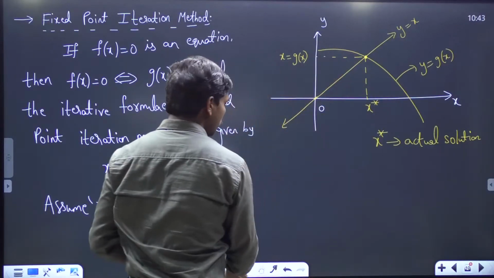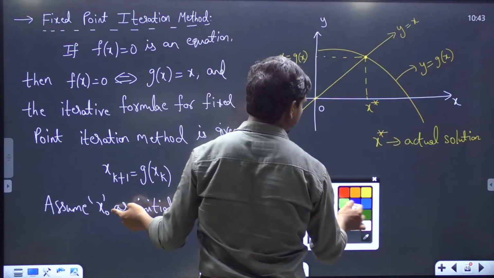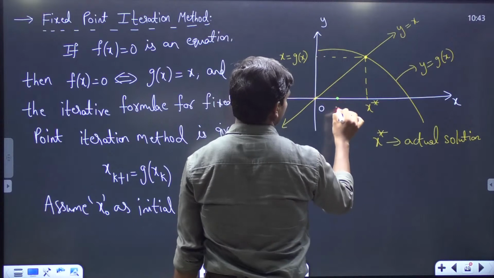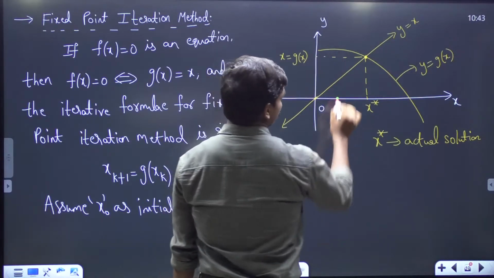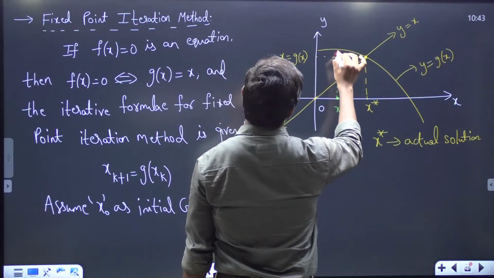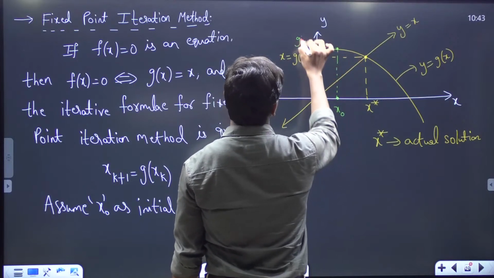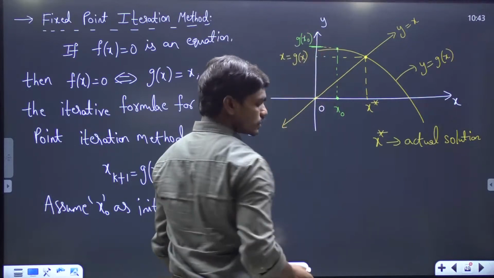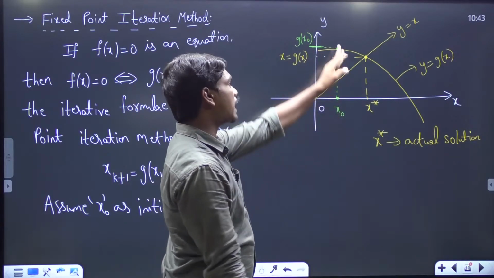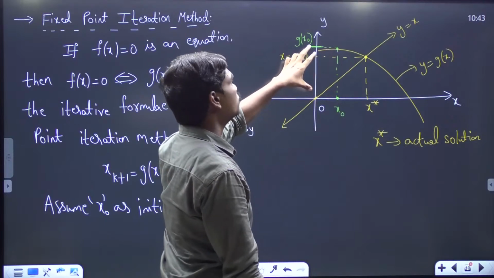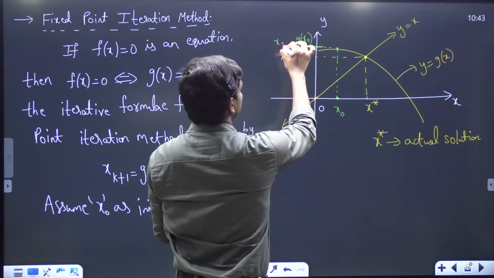So now what you will do as per this theorem or as per this result, first of all, you will assume an initial guess x naught, and you will calculate this G of x naught value. Now, once you calculate this G of x naught value, you will take this G of x naught as x1.